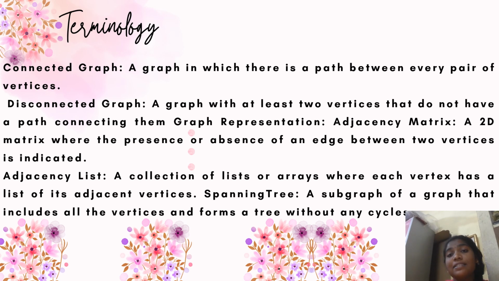That means V is the number of vertices and E is the number of edges. E means v1 to v4 is one edge, v3 to v1 is one edge, v4 to v3 is another edge, v2 to v4 is another edge, and lastly v1 to v2 is another edge. So it is a directed graph.